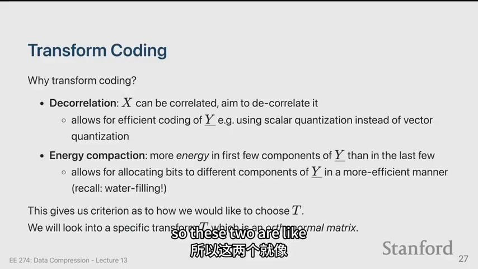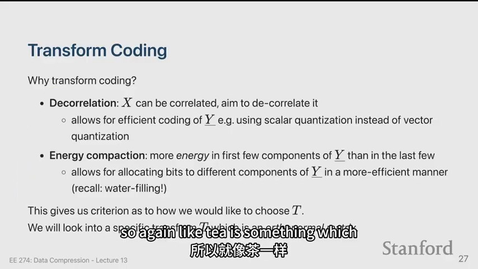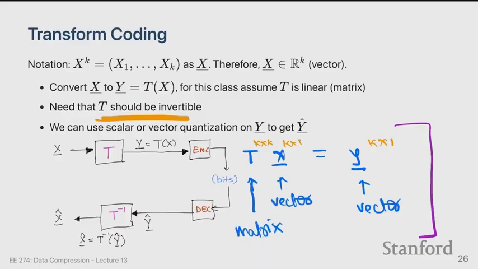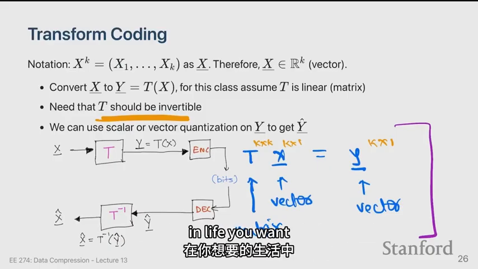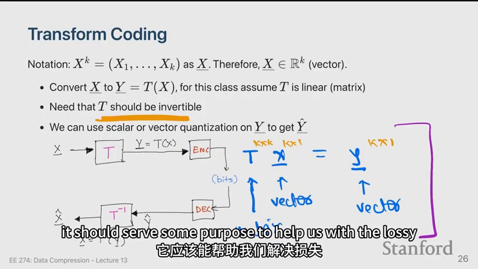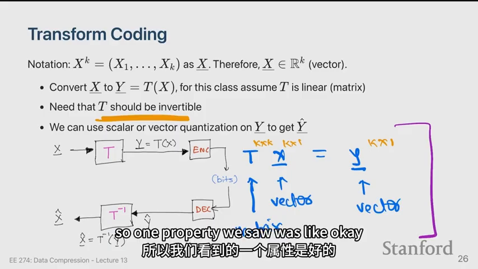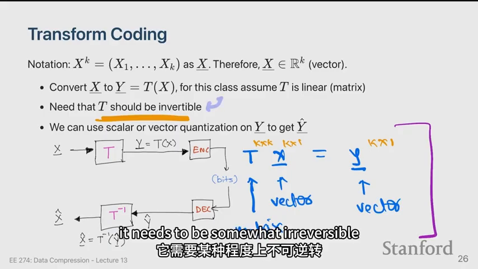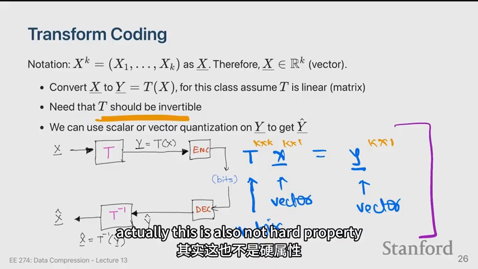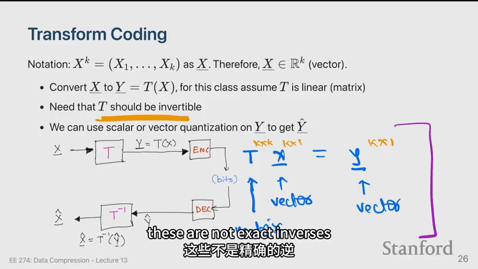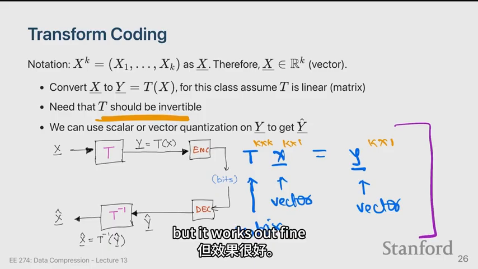Okay. So again, T is something which we are designing. Nobody is giving it to you. You can come up with any T in the world you want, but obviously it should serve some purpose to help us with the lossy. So one property we saw was that it needs to be somewhat invertible. Actually, this is also not a hard property, because in the nonlinear case these are not exact inverses, but it works out fine.